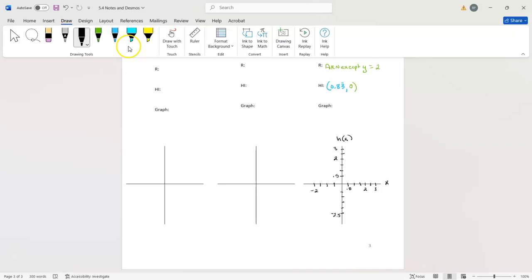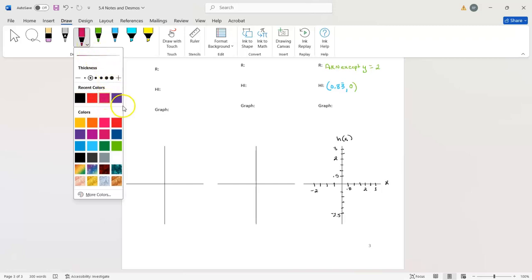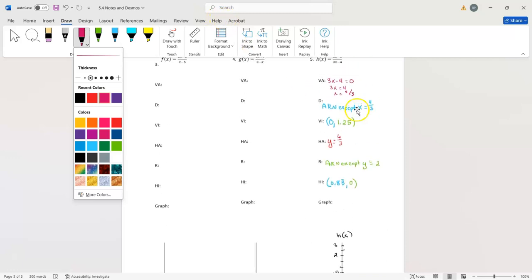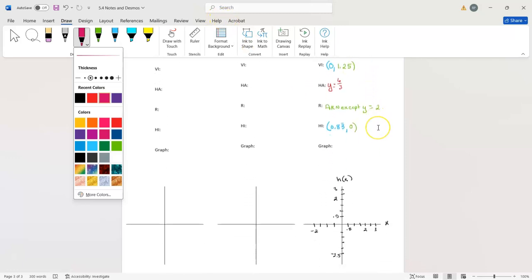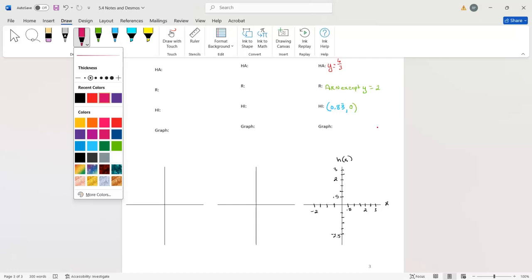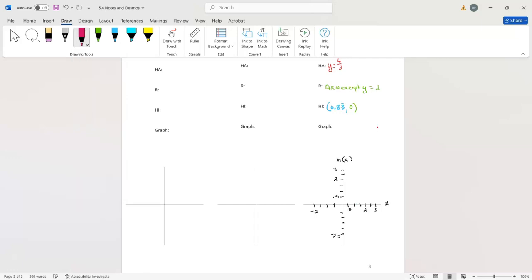Okay, and so now we always need to draw in our asymptotes first because graph pieces are approaching those asymptotes. So we have x equals 4/3, so that's 1 1/3. So x equals 1 1/3.